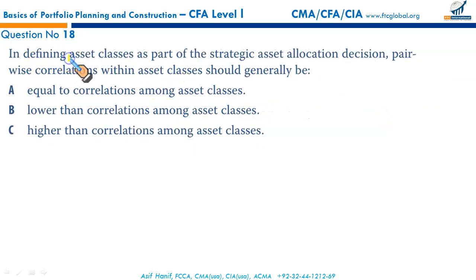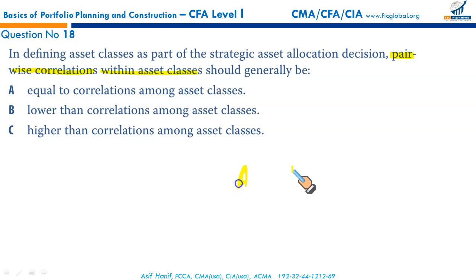In defining asset classes as part of the strategic asset allocation decision, pairwise correlation within the asset classes should generally be, first of all, asset classes should contain homogeneous assets.